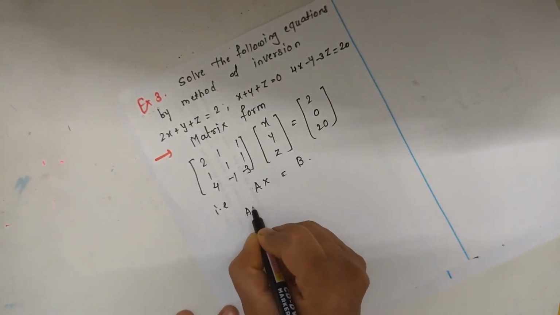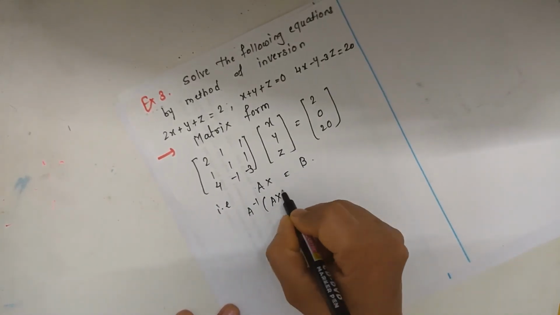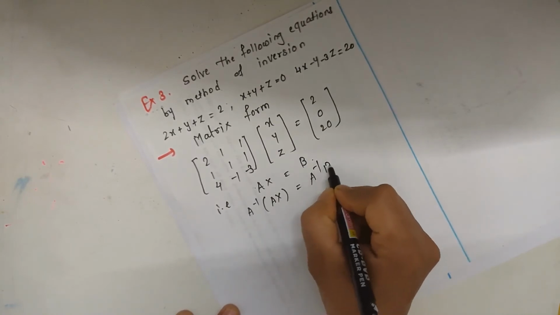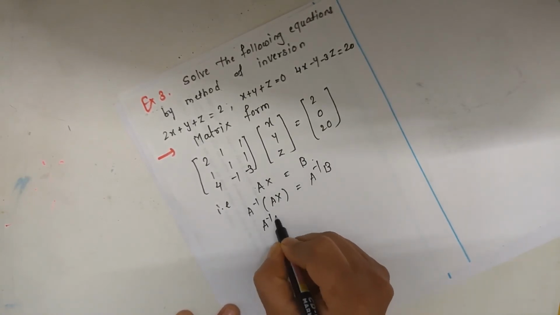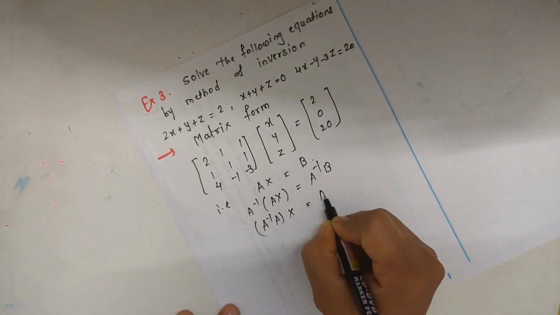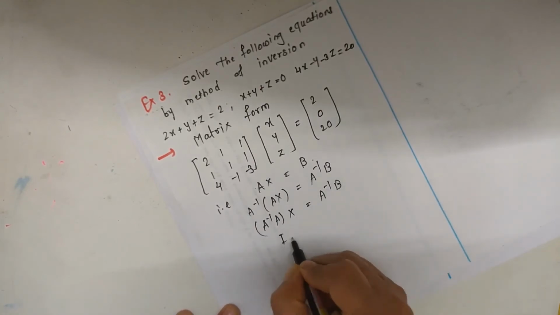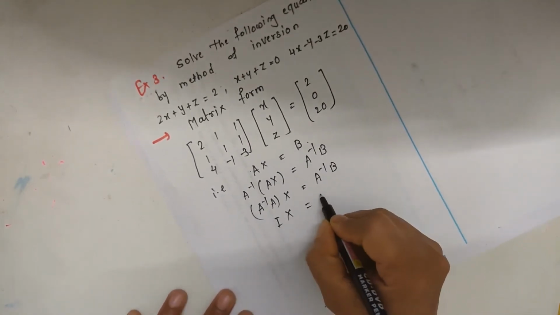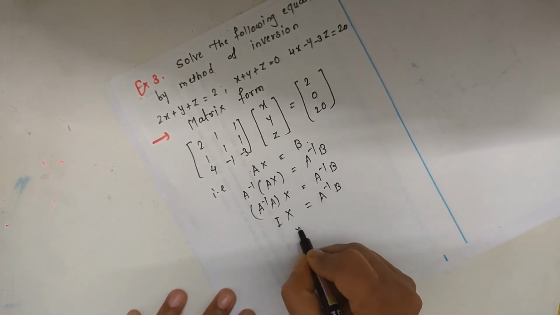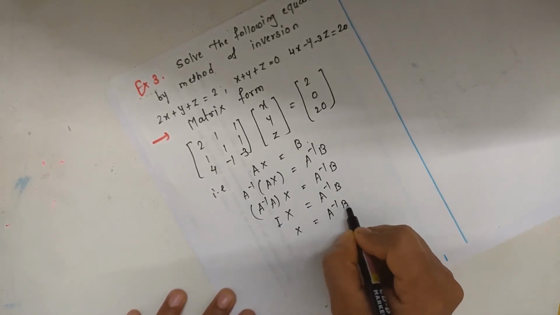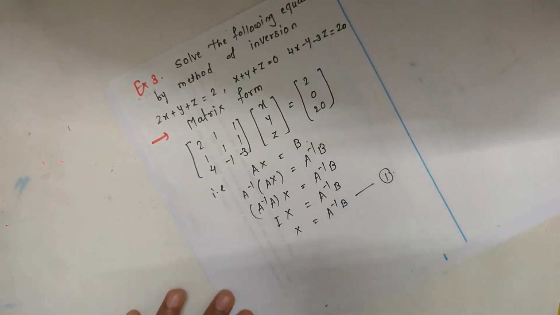Now pre-multiplying this equation by A inverse, A inverse A into X is equal to A inverse B. The identity matrix I into X is equal to A inverse into B, and X is equal to A inverse B. This is the first equation.